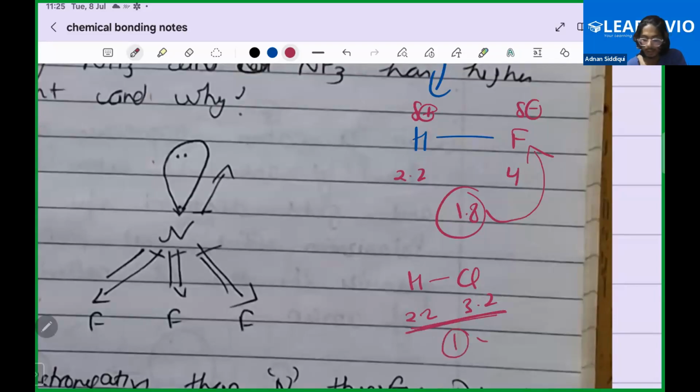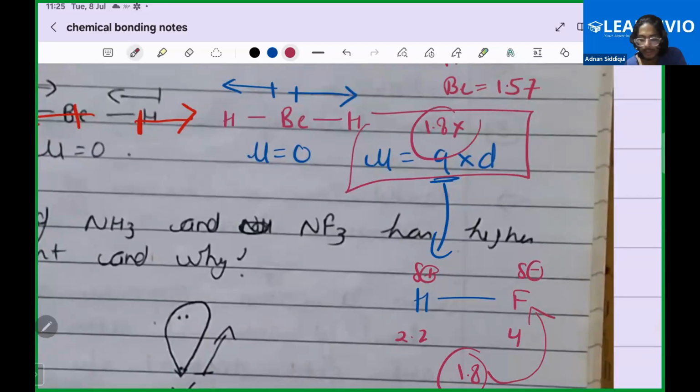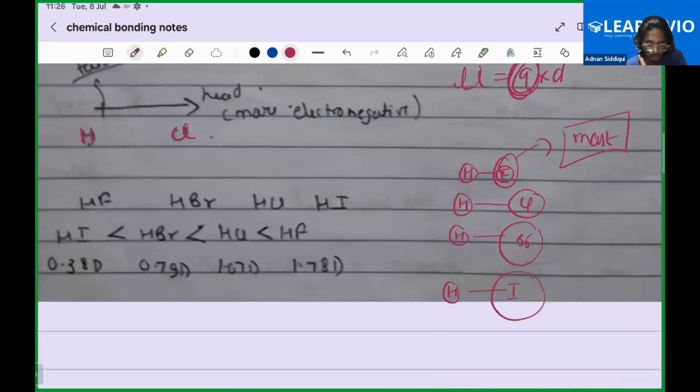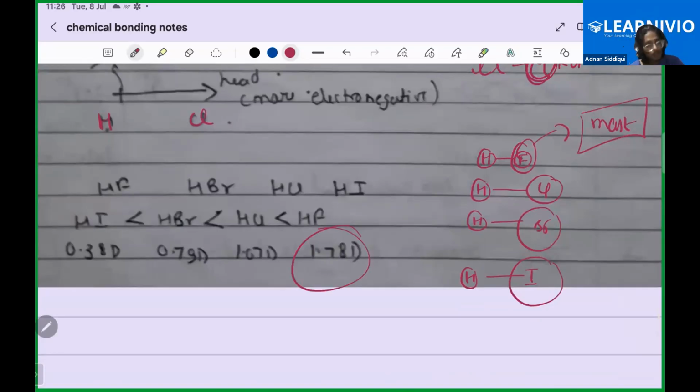So the charge on chlorine here is 1. So out of 1 and 1.8, which number is greater? 1.8. If you are using 1.8 and multiplying it with some value, then the overall dipole moment is going to be larger, right? So this is the reason. But it depends on the distance, though.